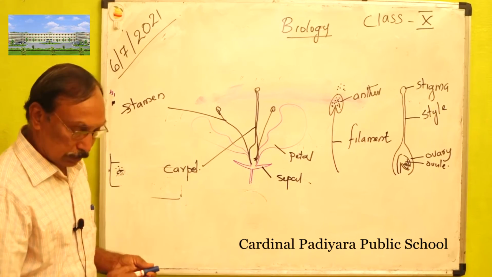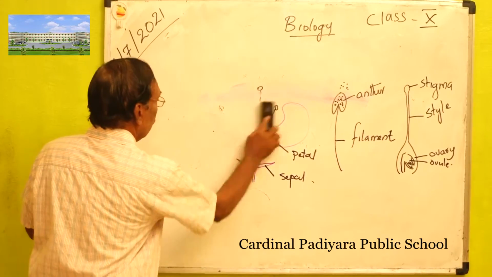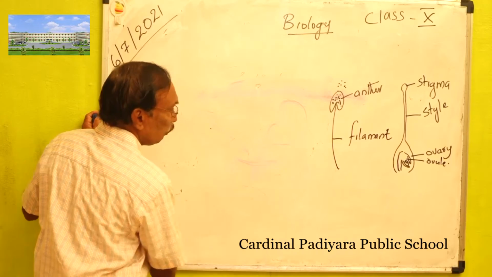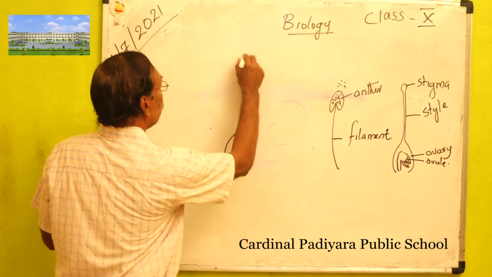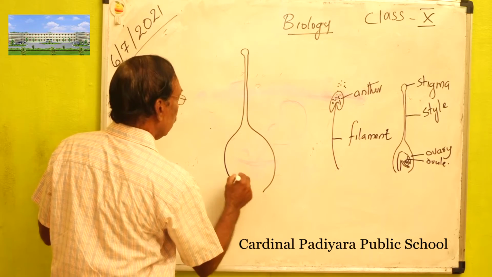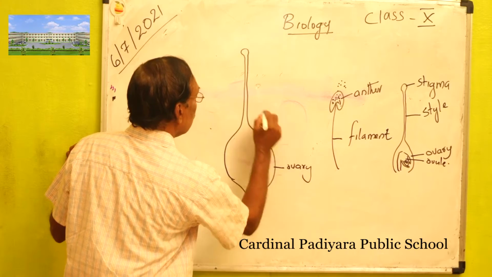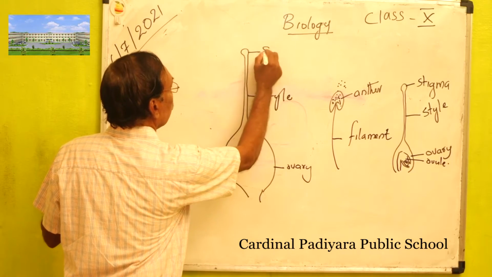Now, how does fertilization take place? I am drawing a carpel or a pistil. This is the carpel: ovary, style, stigma.